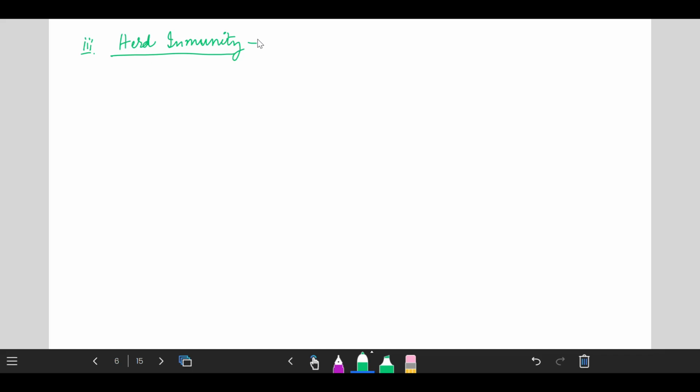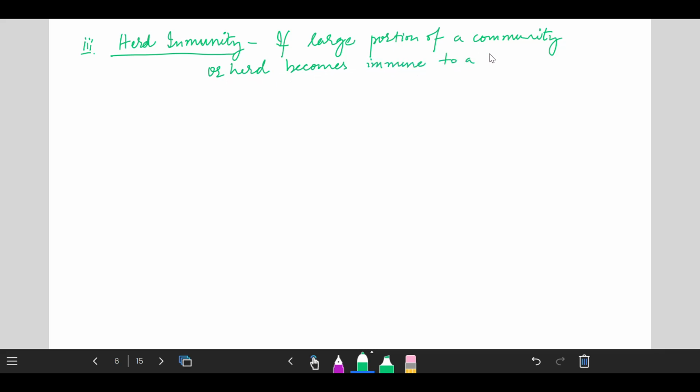So we can write like, if a large portion of a community or herd becomes immune to a specific disease, that is known as herd immunity.